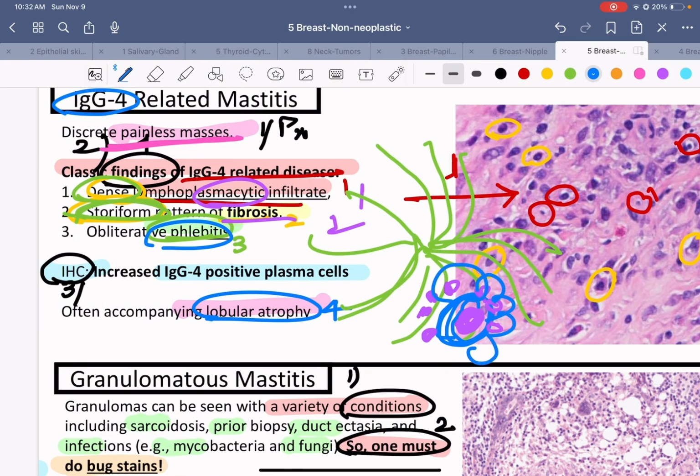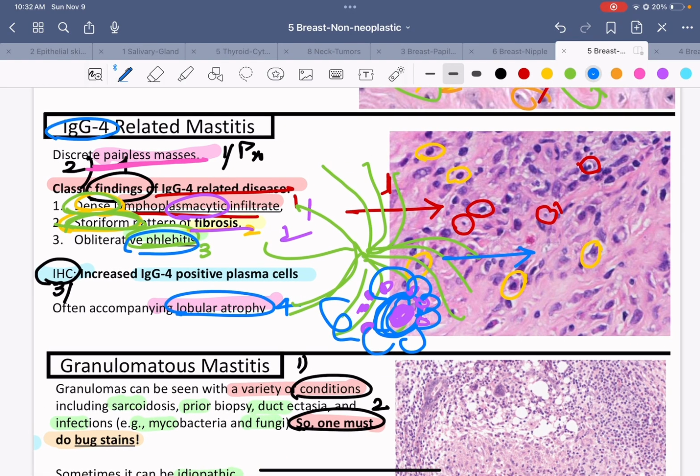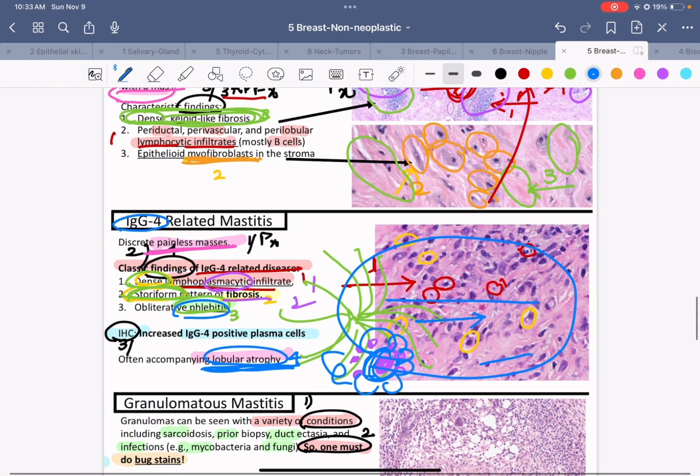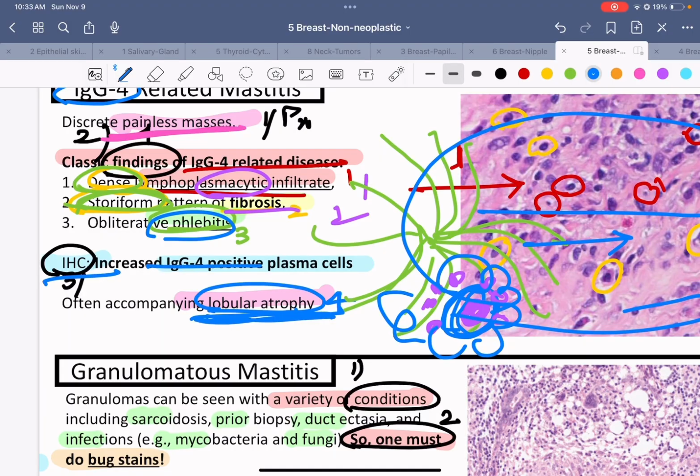So you will have obliterative phlebitis besides the dense lymphoplasmacytic infiltrate and the storiform fibrosis, and you can also have lobular atrophy. Since there is so much dense infiltrate and storiform fibrosis, the lobules can become totally atrophic. And how will you confirm that this is IgG4 related mastitis and not diabetic mastopathy? You can do the IHC, and that will be positive for IgG4 positive plasma cells.